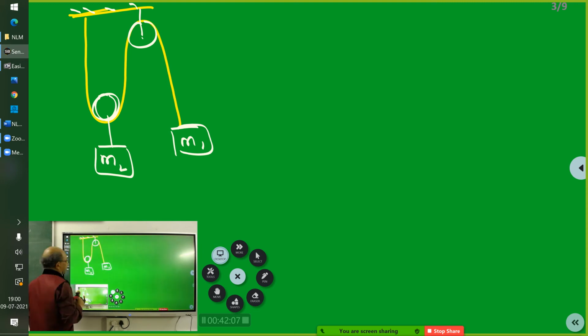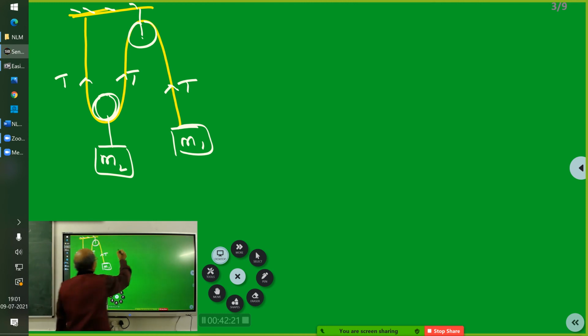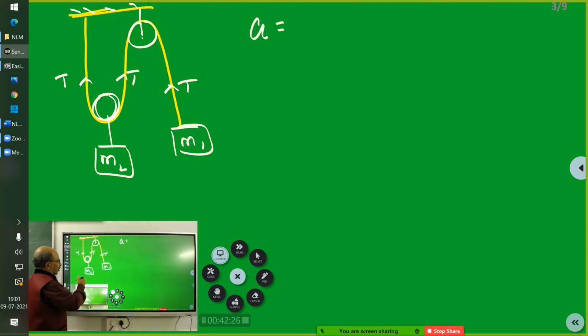In that derivation, the tension here is T, the tension here is T, the tension here is T. We derived an equation for the acceleration, using the net force. Now, the same problem I can solve like this.